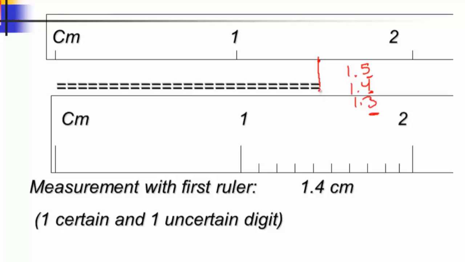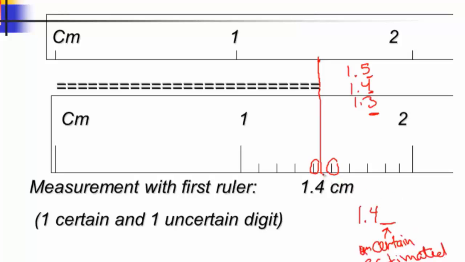If we try to estimate the position of the end of this line and project it on the ruler, you can see somewhere between 1.4, this subdivision is 1.4, and 1.5, somewhere between 1.4 and 1.5. So we are certain it's between 1.4 and 1.5. We just need to estimate the fraction between 1.4 and 1.5. So this will be our uncertain or estimated digit.